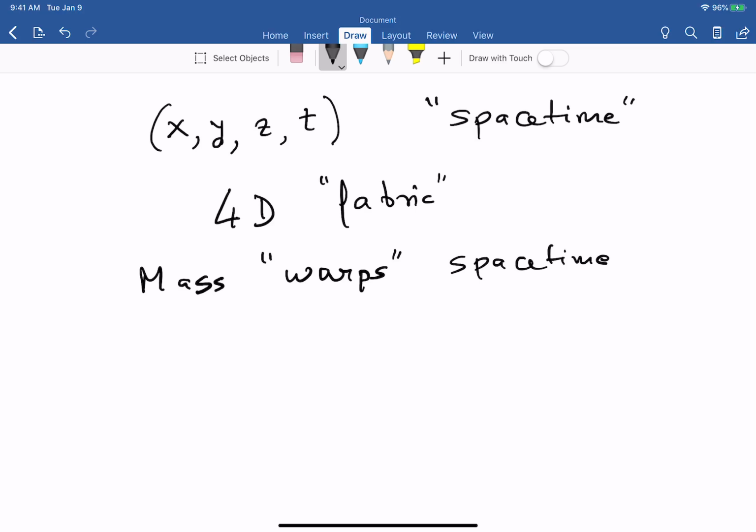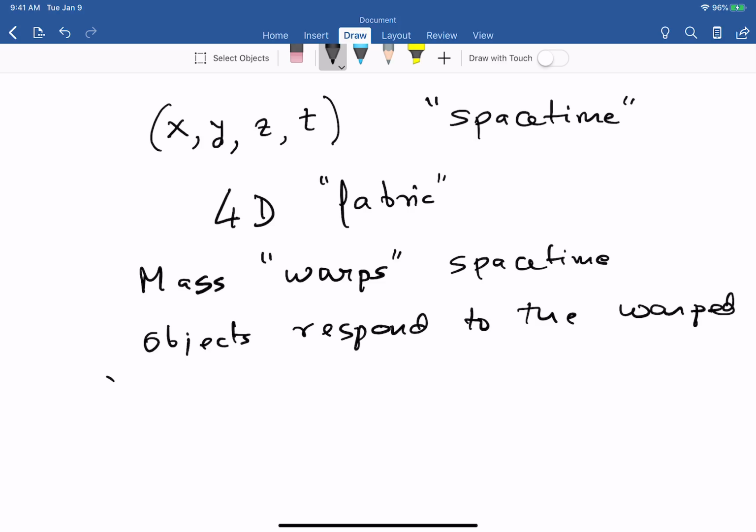And then if mass warps space-time, then objects respond to that warping of space-time by feeling a gravitational force. So objects respond to the warped space-time by feeling a force.